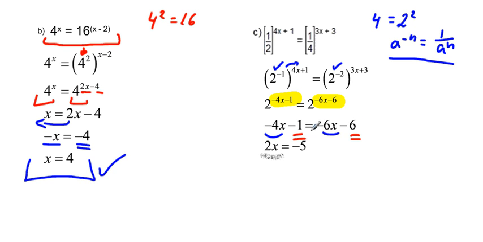And -1 combined with -6, so move to the opposite side, so you have 1 plus -6 gives you -5. Divide both sides by 2, and there you go. We have the solution to this equation. That is a negative rational number.